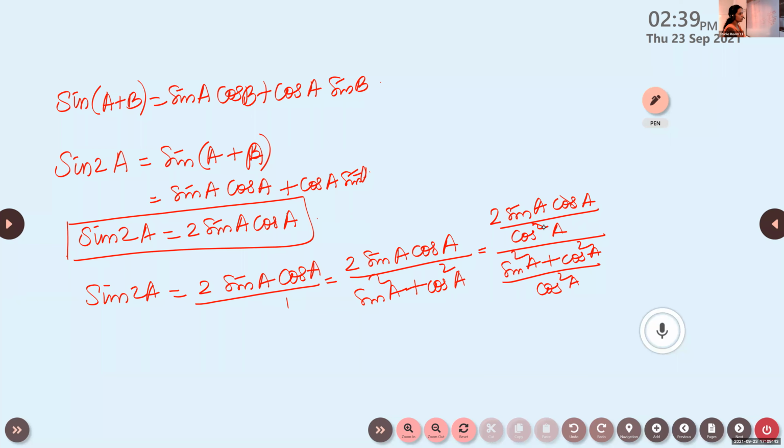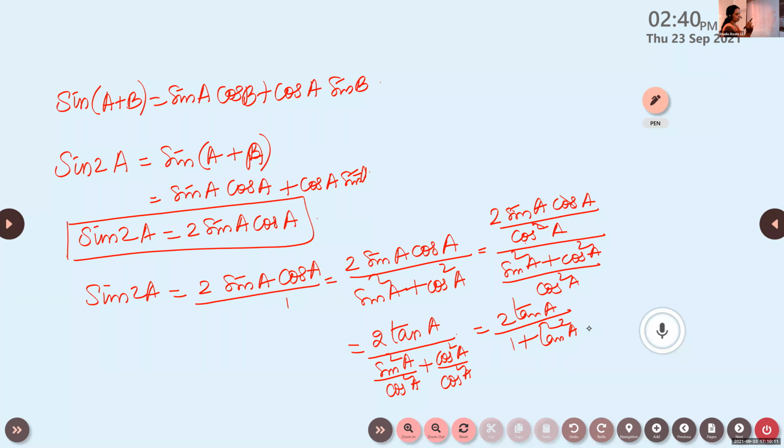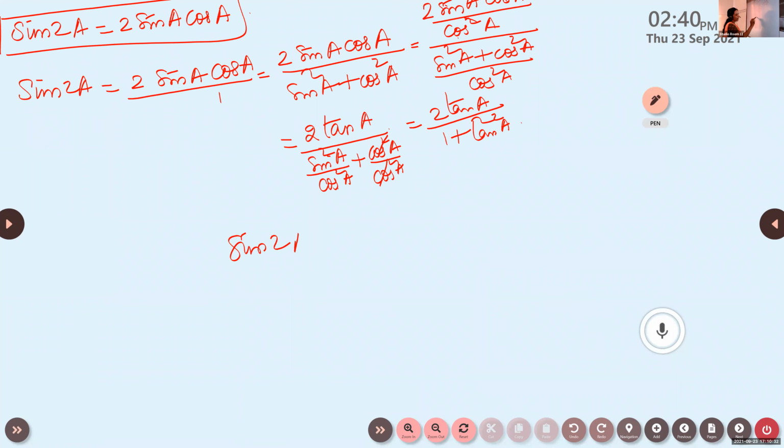Now here one cos will get cancelled. 2 sine by cos, 2 into sine by cos, will become tan A. By the denominator, when we split this, it will become sine square A by cos square A plus cos square A by cos square A, which is equivalent to 2 tan A by 1 plus tan square A. We divide everything by cos because we want sine 2A in terms of tan.